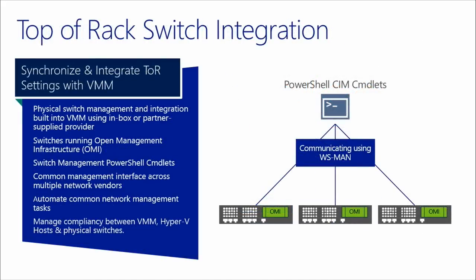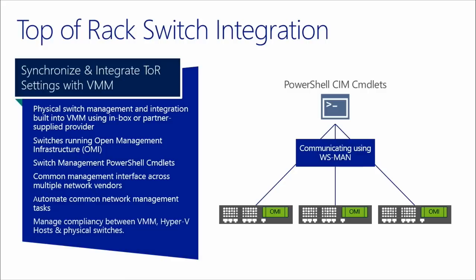So I mentioned top of rack switch integration. Top of rack switch integration uses OMI, a standards-based protocol. For switches running OMI, VMM can communicate, integrate, and allow visibility into those switches in relation to your Hyper-V environment. And in addition, it can automate common network tasks straight from VMM.